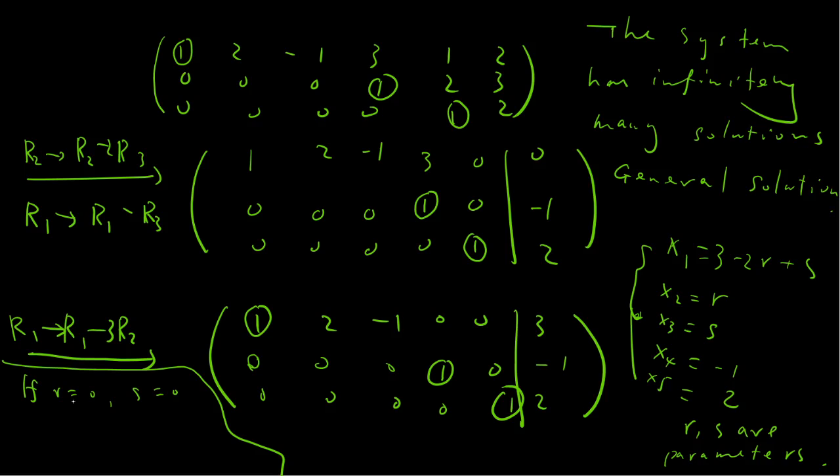If r value is 0, s value is 0, then the particular solution we are going to get is x1 equals, I'm looking for a value of x1 equals 3, I think, right? x2 equals 0, x3 equals 0, x4, x5, you have no other choices. x4 value is 91, and x5 value is 2, right?